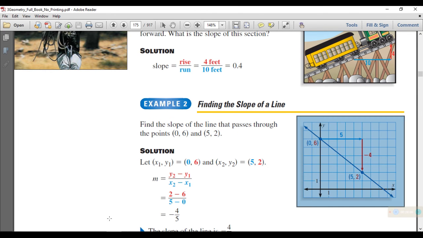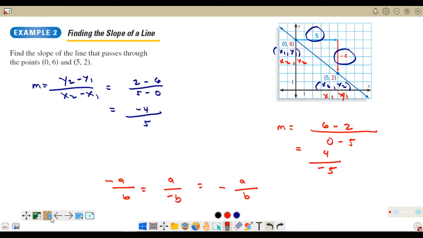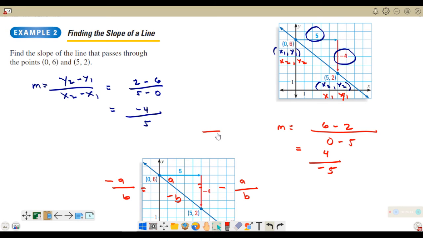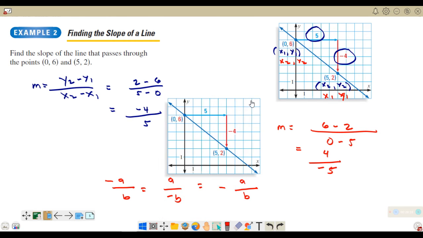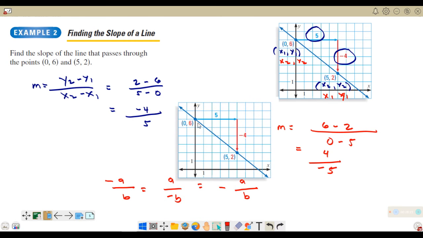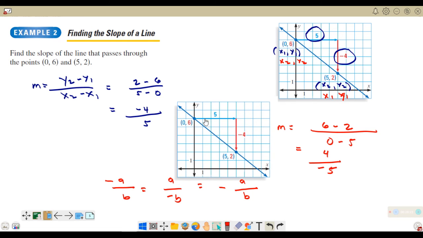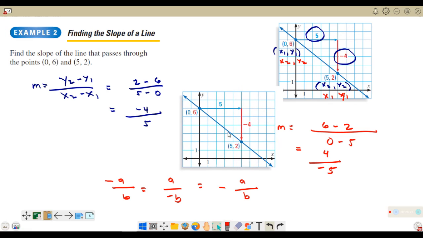Kung yung kabilang side ang iyong i-consider, pwede kang magkaroon ng negative 5 kasi pupunta siya sa kaliwa.